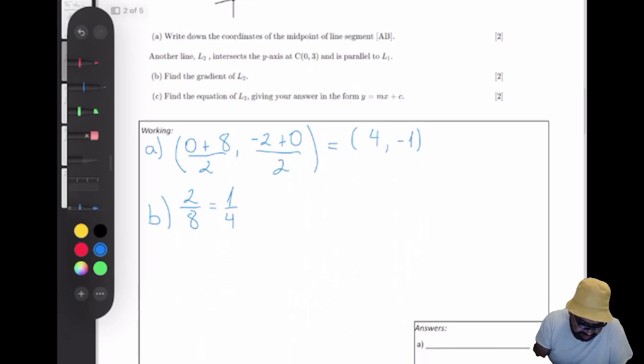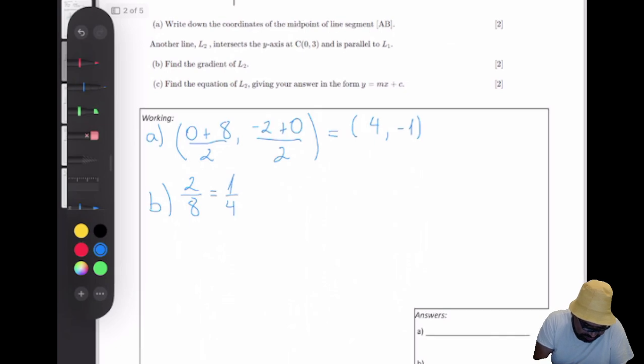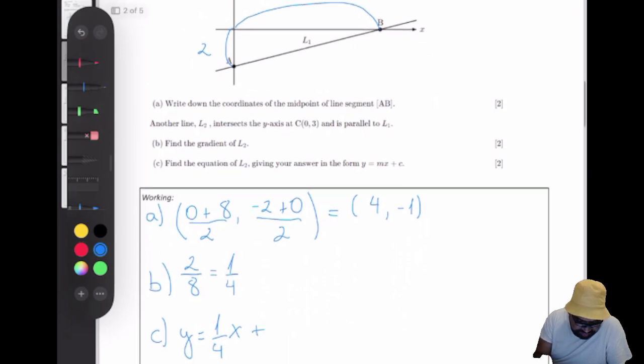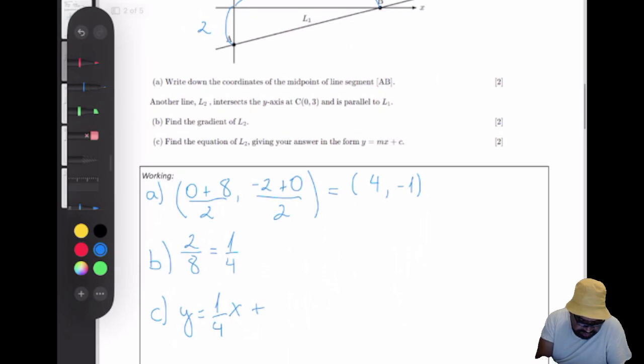And C is telling us to find the equation of line 2. To find the equation for line number 2, we just need to write the slope. We figured out a few minutes ago, 1/4 x plus, what is the y-intercept? The y-intercept for the second equation, as you see, is 3.